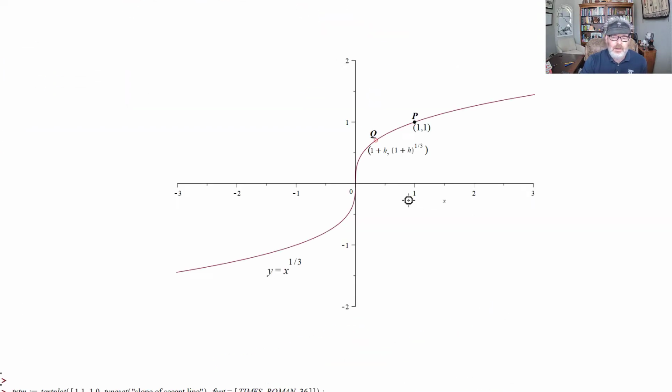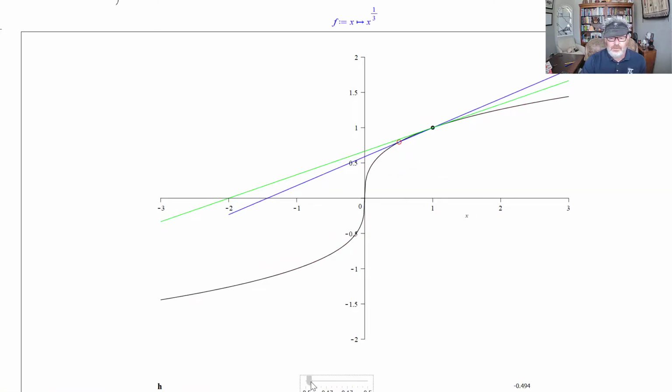And again, it can be done with f of x instead of x. If you fix p, then q can just be 1 plus h, and h could be negative, so you go to the left. f of 1 plus h: you plug 1 plus h into the rule of the function. Then more generally, p can be the point x, f of x, and then q is x plus h, f of x plus h.